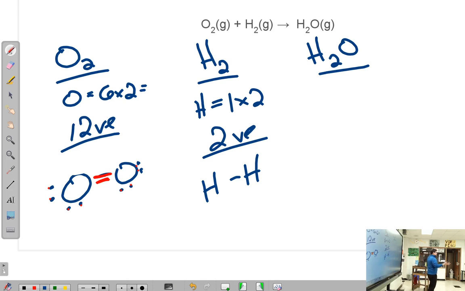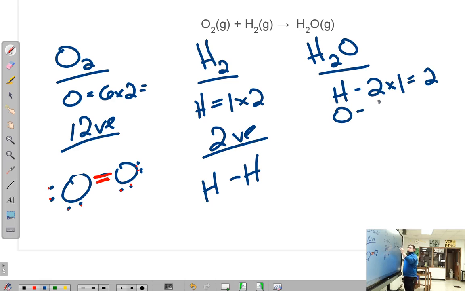Hydrogen's only going to ever have a single bond. And the last one's going to be 8 valence electrons in total, because we got 2 hydrogens, gives us 2. Oh, I'm getting ahead of myself. We'll try again. 6 valence electrons gives us 8 in total.